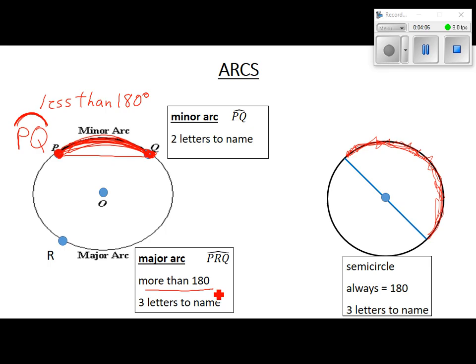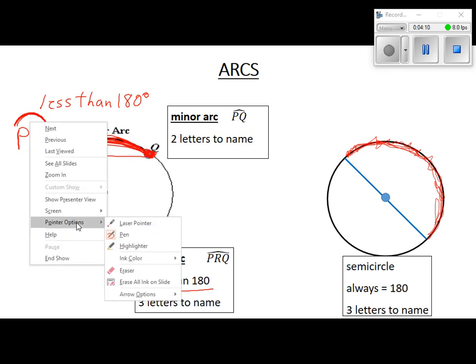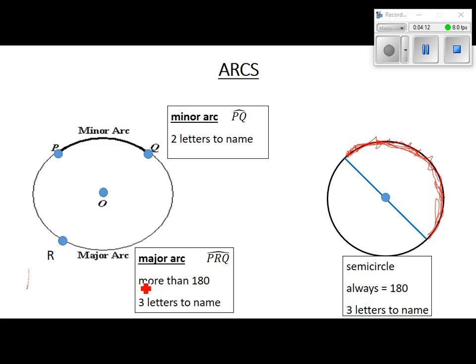A major arc is more than 180 degrees. To name a major arc, use 3 letters in the circle. So if we wanted to name a major arc here, we might start at P, go through R, and go around to Q. That's more than 180 degrees. We name it with the arc symbol still, PRQ.